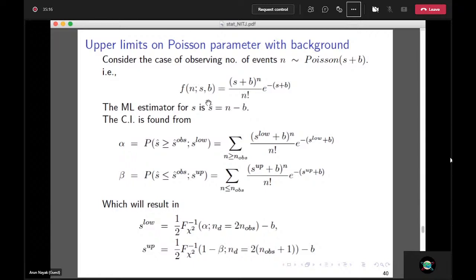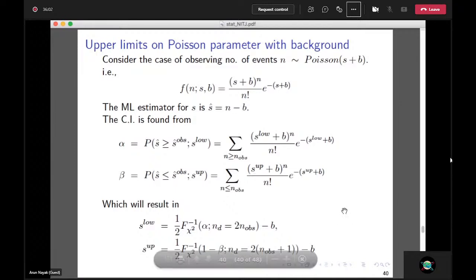So we can write the same thing: alpha is the probability for obtaining S hat greater than S observed, and in place of a, I write S low, the lower limit for S. Similarly for beta, we can write S hat less than S observed, assuming S up is the true value of S, and for alpha assuming S low is the true value of S. We can write this summing over the Poisson distribution.